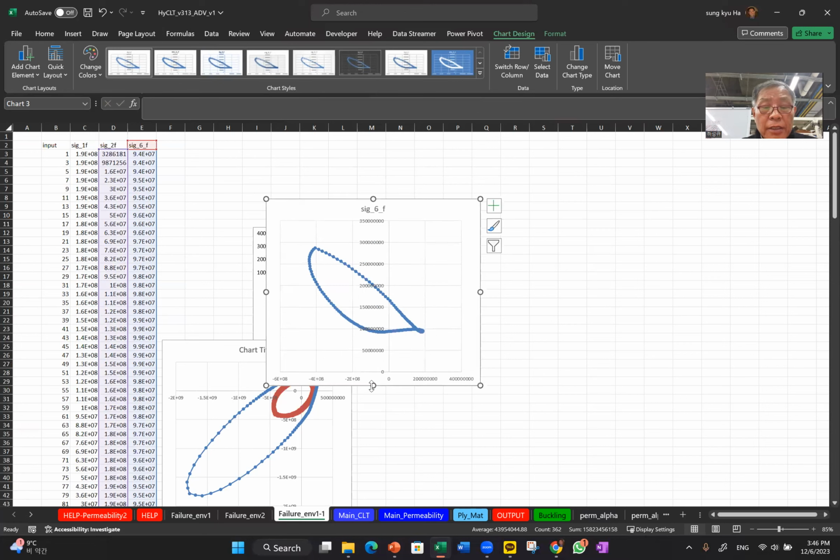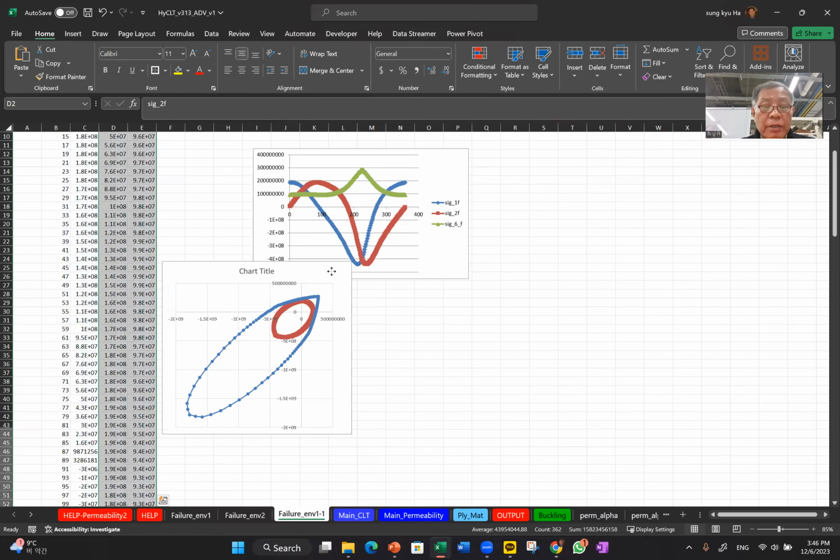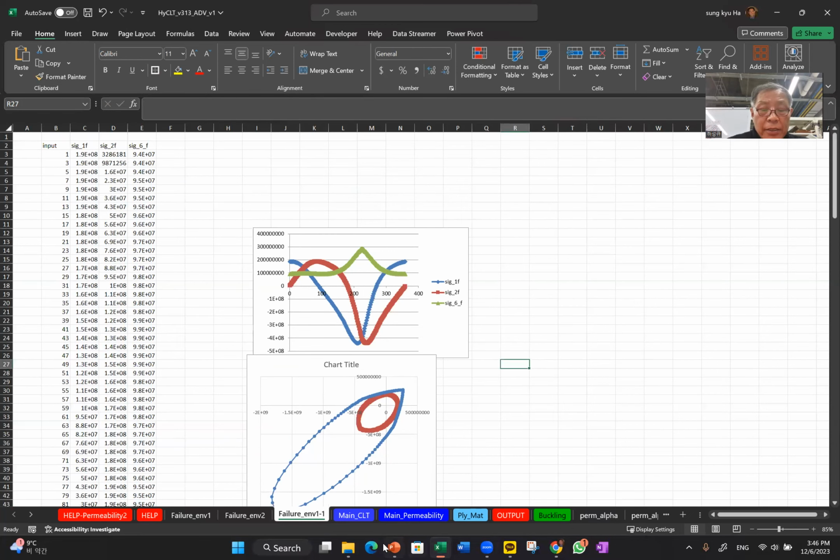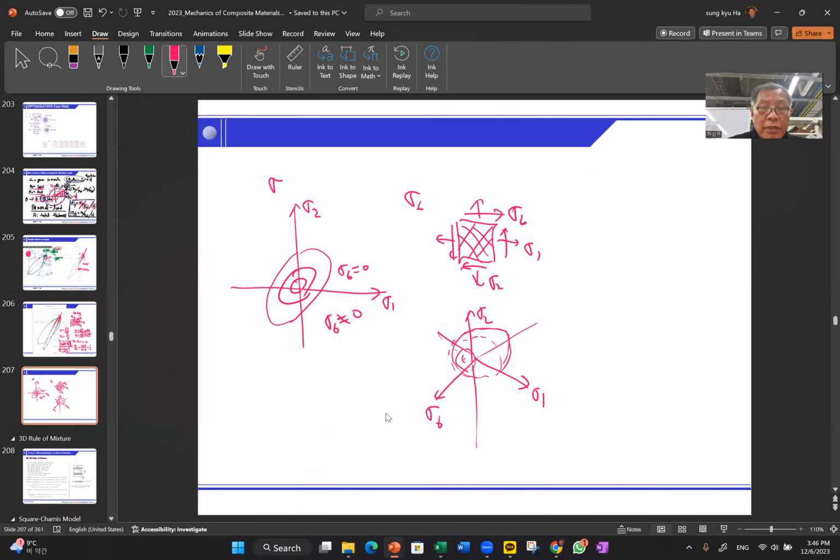It is not easy to visualize, but I just want to give you an idea about the effect of the shear stress on the failure envelope. Okay, that can be one interesting result.